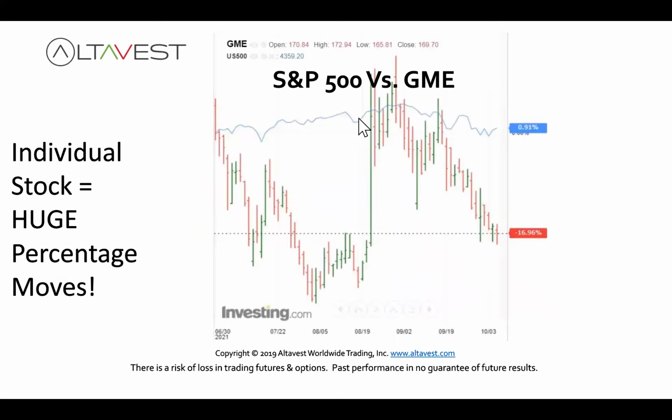The blue line is the S&P 500, and there's GameStop overlaid on top of it. So which one of those markets do you think is going to be less volatile and have more consistency, more predictability, and perhaps be more worthwhile to trade? If you're on the right side of a big GameStop move, that's great, but you're just as easily going to get wiped out on a move like that too.